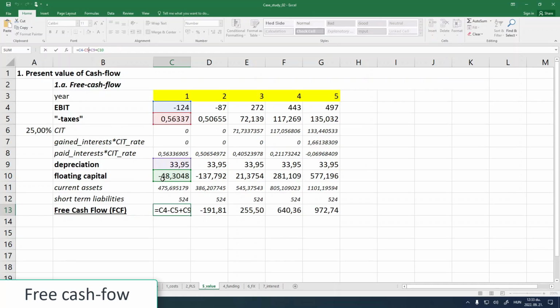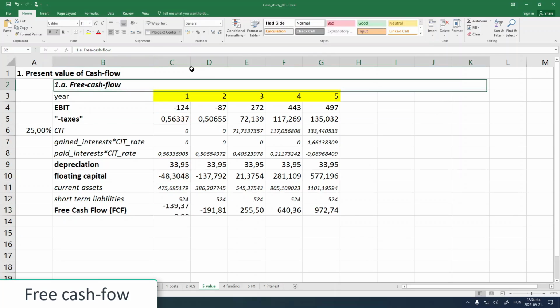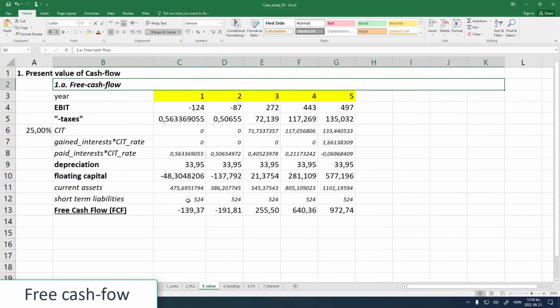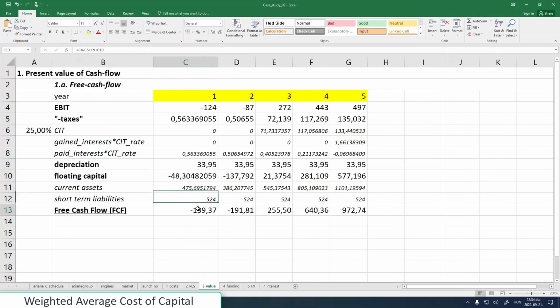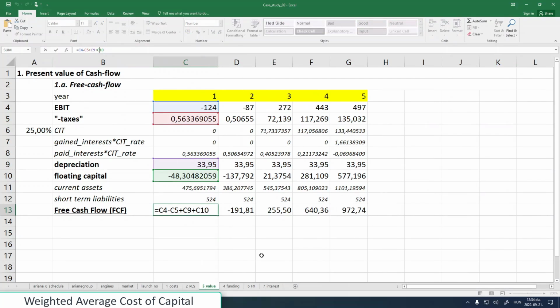After C9, floating capital, C10. C4 minus C5 plus C9 plus C10. Yeah, if I go this way. So where did you get the minus taxes from?